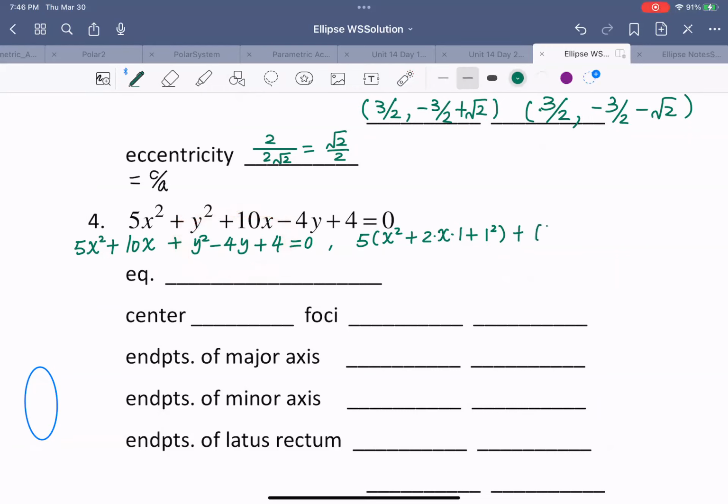Because this guy squared is y squared, minus 2ab, this is minus 4y, plus b squared, which is 4. Equals, look. Previously, I don't have anything here. Now I add a 5. To balance, I have to put another 5. Yes? So this becomes 5 times who?